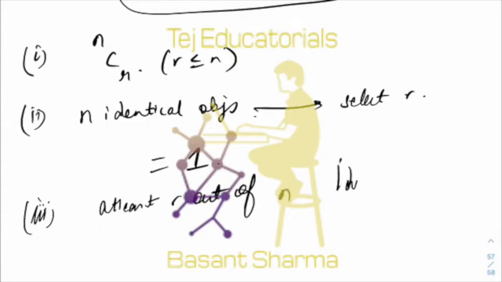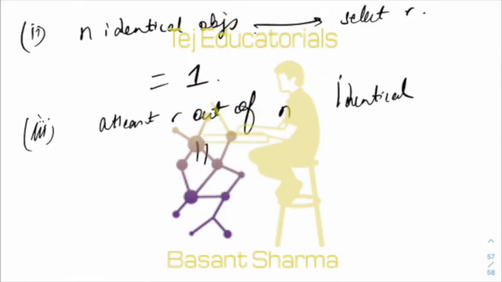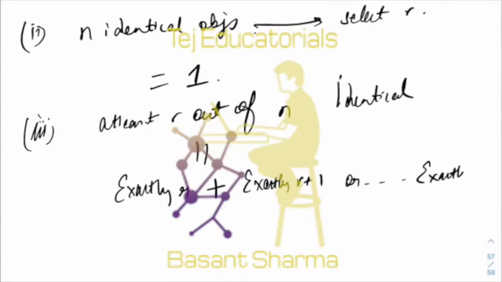So this is equal to choosing exactly r, that is case 1, or you could choose exactly r plus 1, that is another mutually exclusive case, or so on. You could choose exactly n.